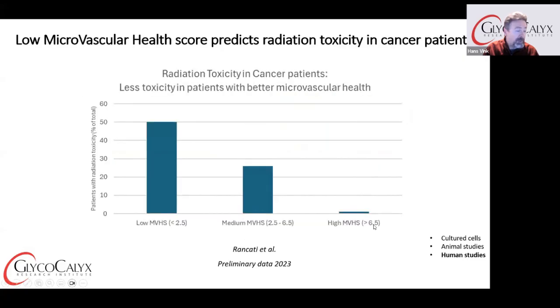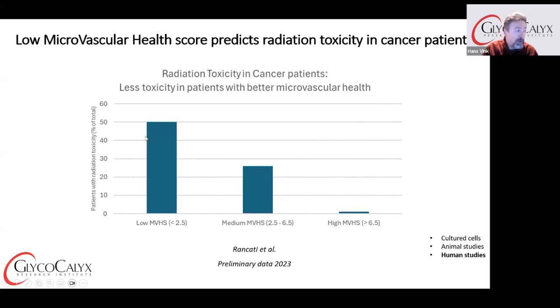One more slide that I would like to share with you is preliminary data in a cancer study. They wanted to see which of their cancer patients were at risk of getting all kinds of toxic side effects of the radiation therapy. They classified their patients in 3 subgroups based on their microvascular health scores: on the left, people with a low microvascular score, a medium score, and a high score on the right.